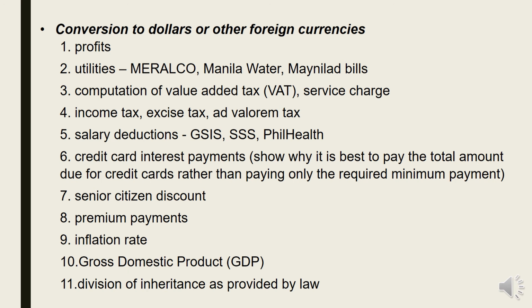Number 8, we have premium payments. And number 9, we have the inflation rate. Number 10, gross domestic product or the GDP. And then lastly, we have division of inheritance as provided by law.